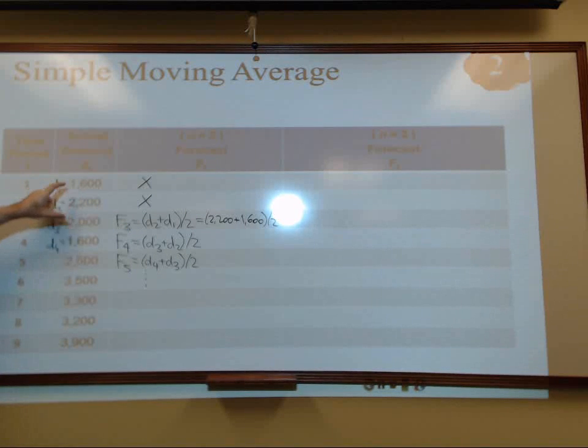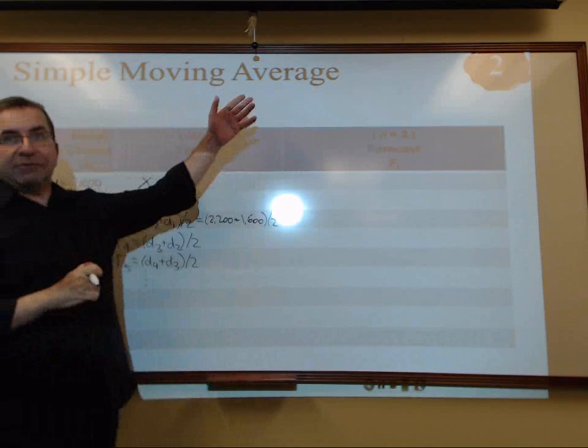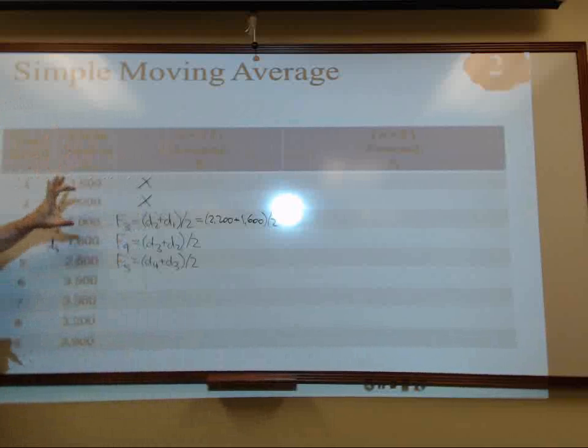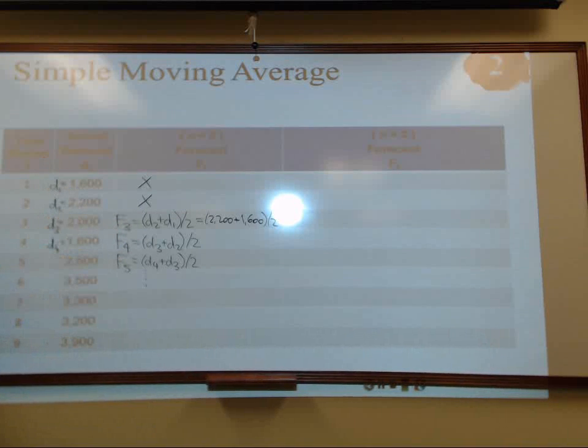For the next period, I'm averaging this. For the following period, I'm averaging these 2. So the numbers that I average, the window is just moving from one period to the next. And that's why it's called a moving average. The numbers that I average just progress, iterate from one period to the next.